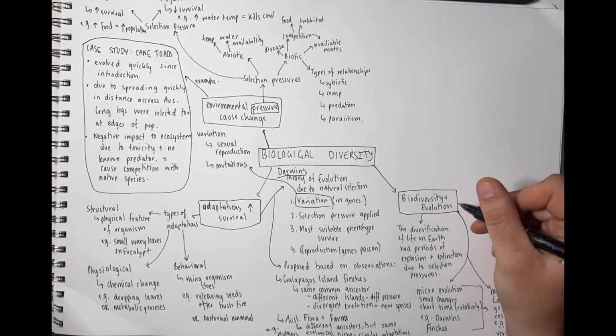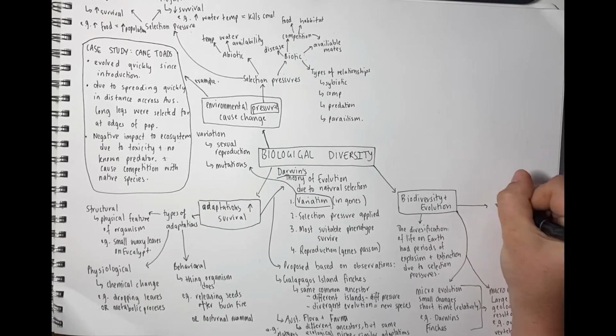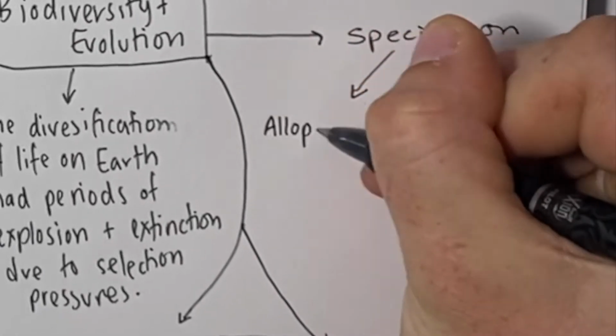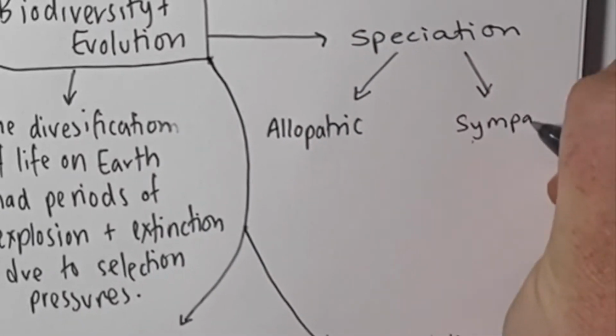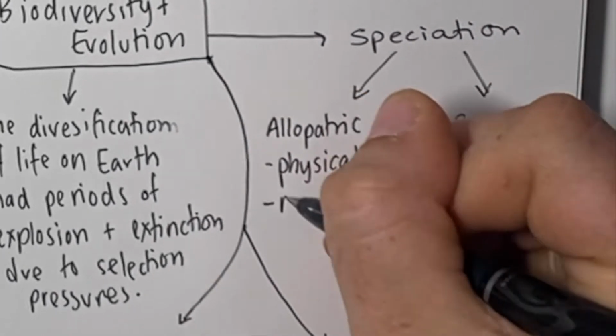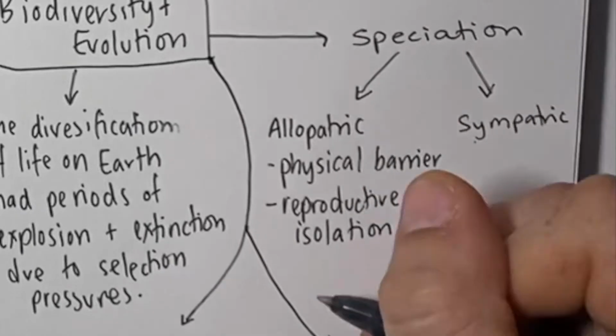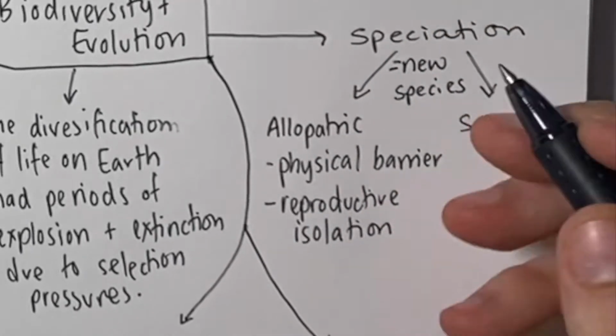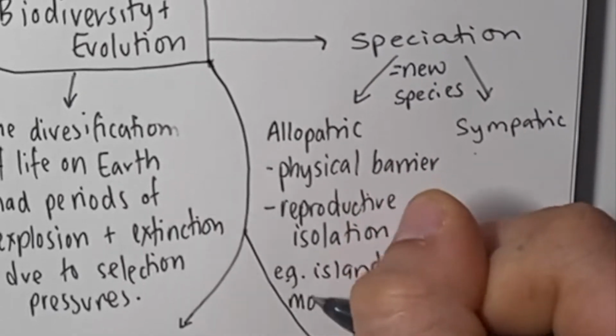From there, we looked at speciation. Speciation is the formation of a new species. There are two main types of speciation: allopatric and sympatric. Recall that allopatric means there is a physical barrier that produces reproductive isolation.